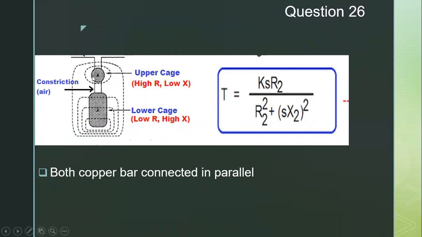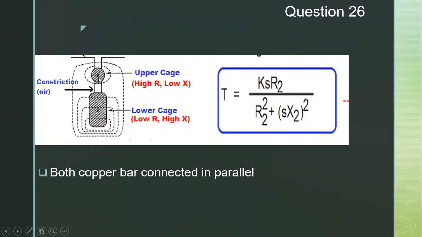Normally in the rotor there is one slot containing a copper bar, which is shorted at both ends using the end ring. But here there are two slots, one small slot and one big slot. In both slots there is a copper bar.